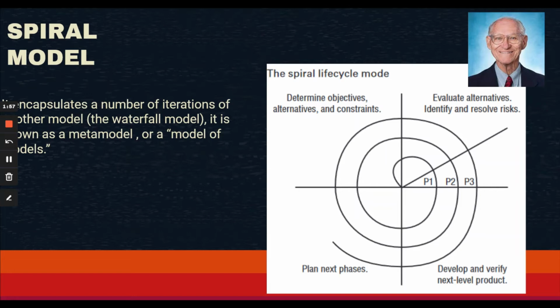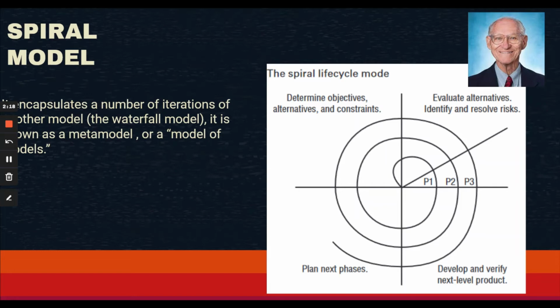Theoretically, system developers will apply the entire waterfall process to the development of each prototype, thereby incrementally working toward a mature system that incorporates all the functionality requirements in a fully validated fashion.